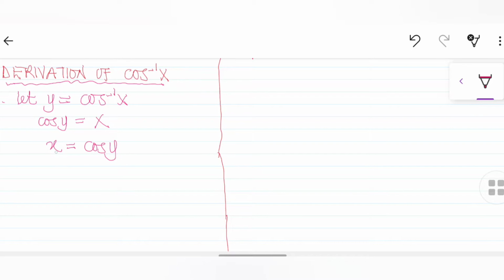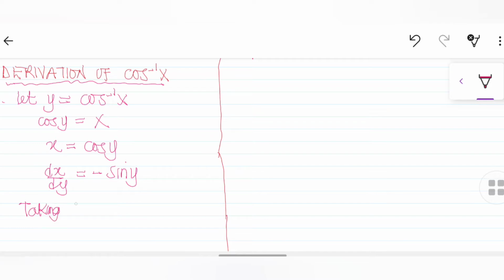So if x is equal to cos y, the next step is to take the differentiation of both sides. I'll differentiate my x with respect to y, and that is going to give me dx all over dy. If I differentiate cos y, I'm going to be having minus sine y. And whenever we have to take the derivative, it means I'm asked to find dy/dx. For me to do that, I have to take the reciprocal of both sides.